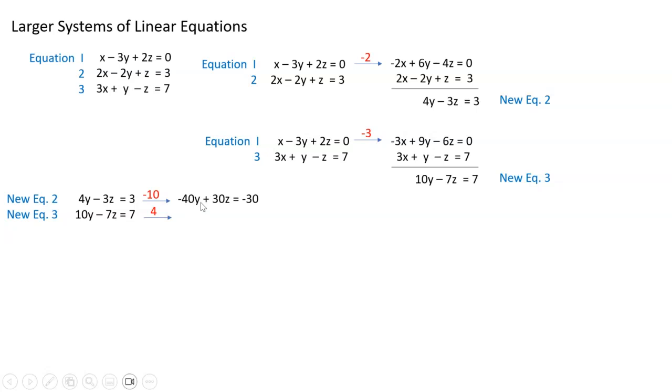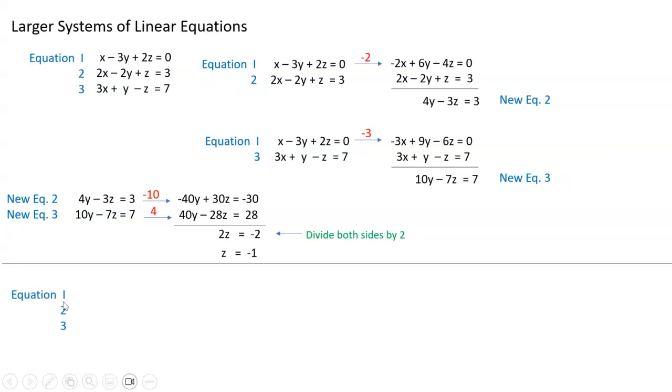Multiplying -10 times every term, I get -40y plus 30z equals -30. Multiplying 4 times every term in equation 3, I get 40y minus 28z equals 28. After I add them, the y's are eliminated. So we get 2z equals -2. Then we divide both sides by 2, and the result is z equals -1.